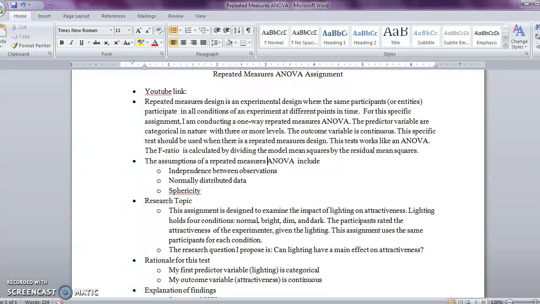If you take each pair of levels and determine the differences between the pairs of scores, those differences would have to have equal variances. So that's pretty much it as far as assumptions go.